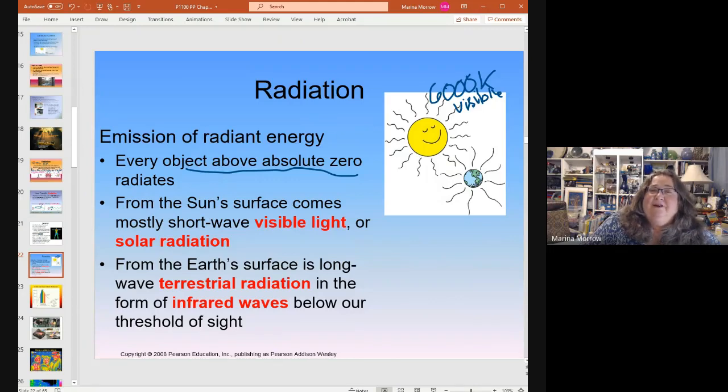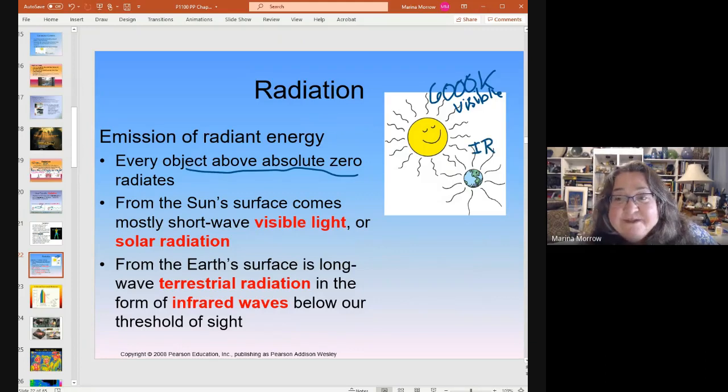On planet Earth the temperature is on average about 320 Kelvin, so it's much, much cooler, and most objects radiate in infrared.